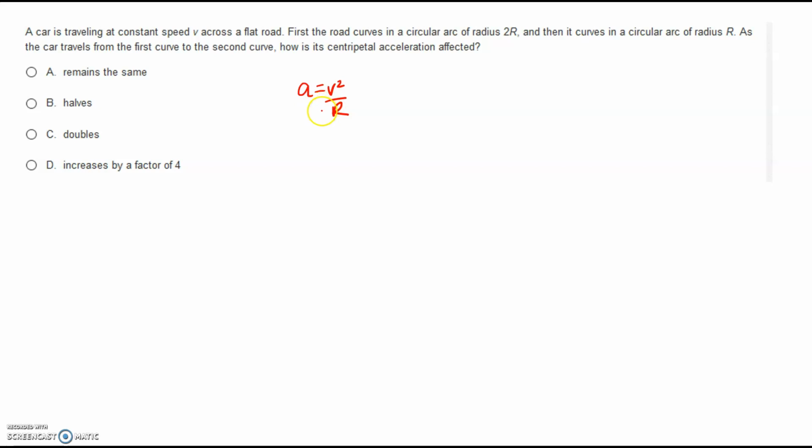So the first curve has a radius of 2r, and the second curve has a radius of r. To get from here to here, I have to multiply by 2. So I said that it doubles.